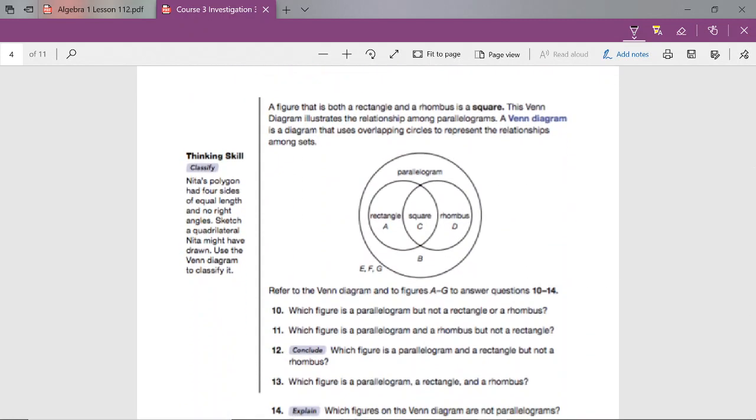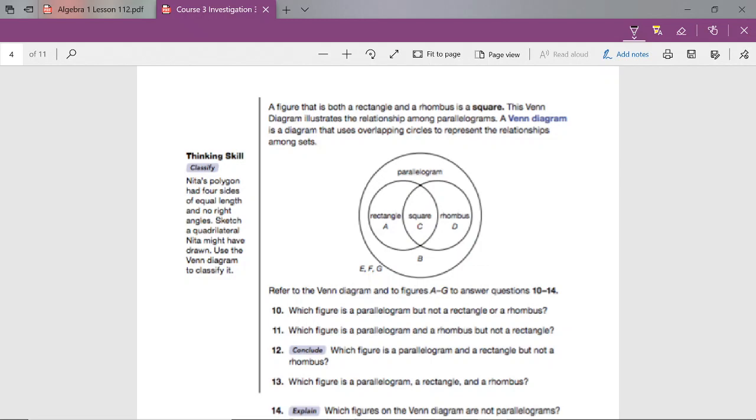So we can show all of this information in a Venn diagram, okay, and figure out a lot of information. So remember that Venn diagrams show relationships based on the bubbles that they are in. So a figure that's both a rectangle and a rhombus is a square. The Venn diagram illustrates this relationship among parallelograms. A Venn diagram is a diagram that uses overlapping circles to represent the relationships among sets.